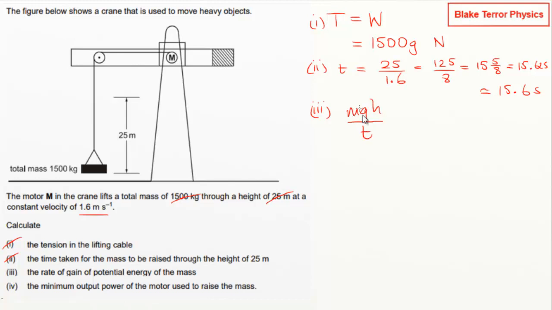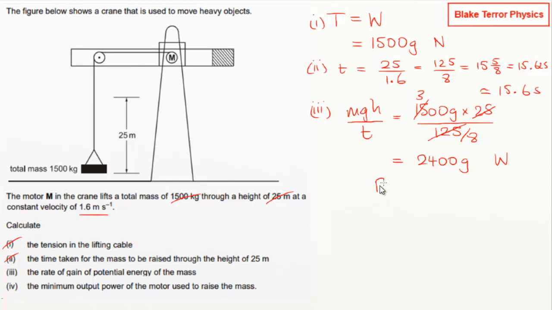You've got the potential energy gain over time, and that is our wattage. So we've got 1500 g multiplied by 25 divided by 125 over 8. So that would be a fifth, which would knock that down to 300 multiplied by 8. 2400 g, and that is in watts because we've got joules per second.